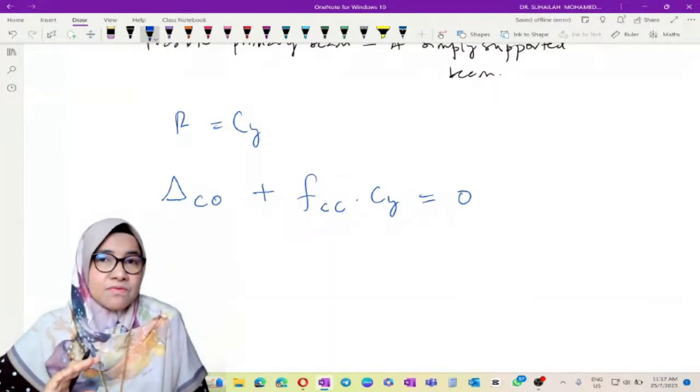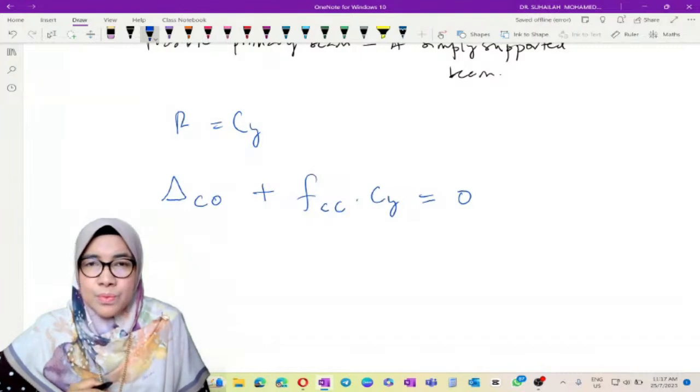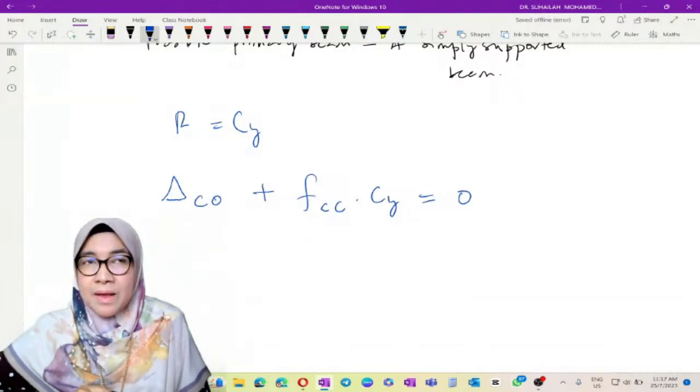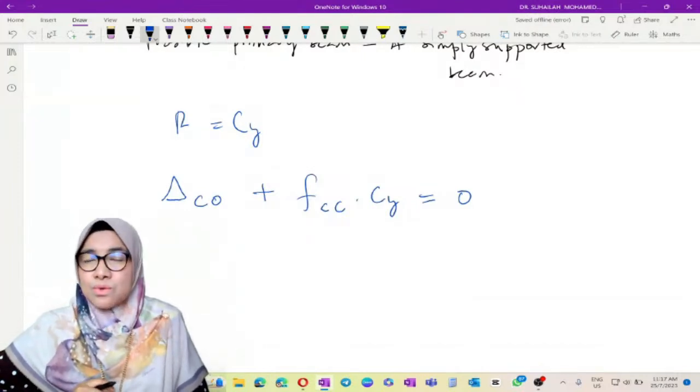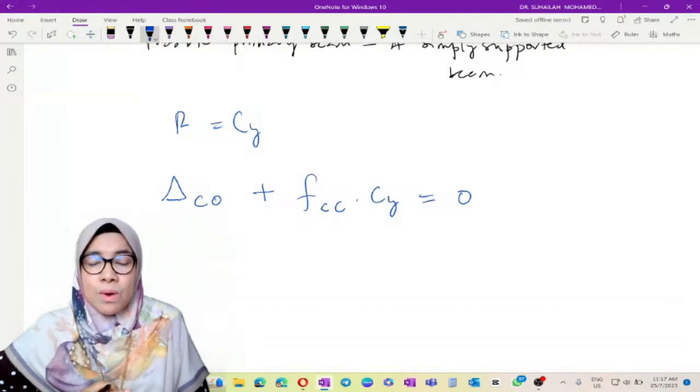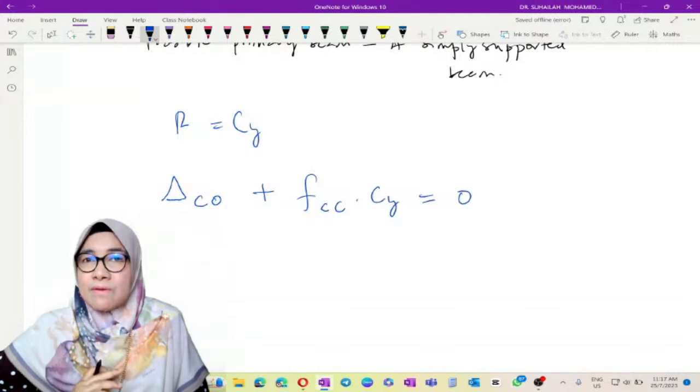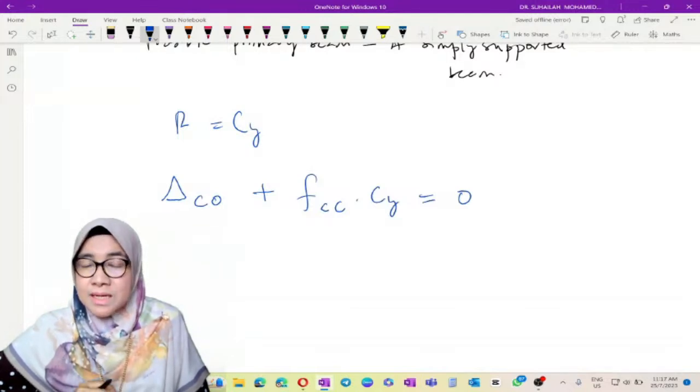It is very simple and straightforward. We just need to identify the redundant. Once we have chosen the redundant, we have to identify whether the redundant is a moment or a force.